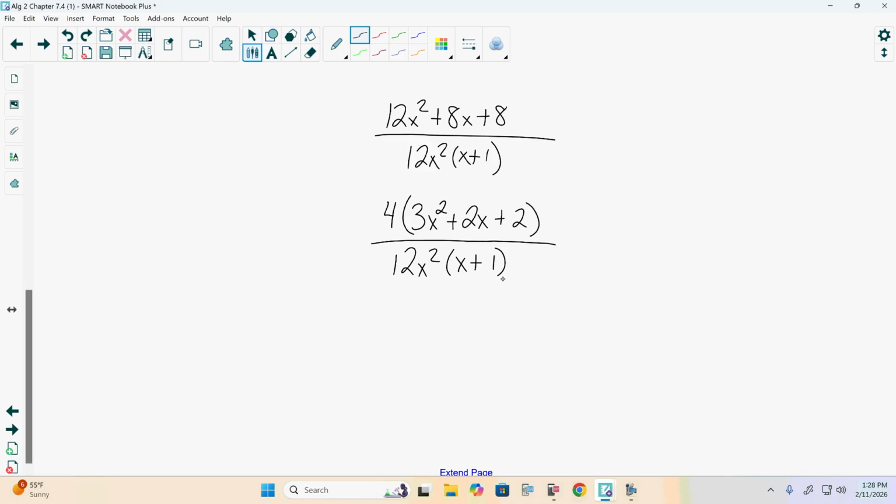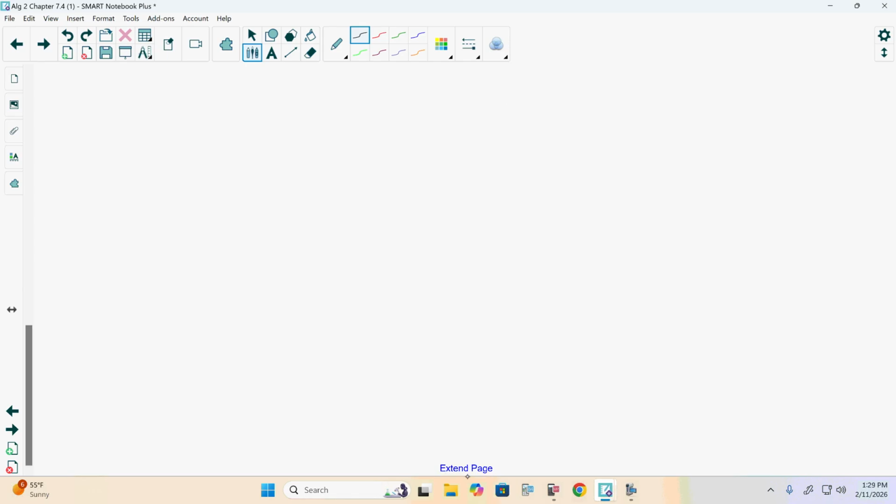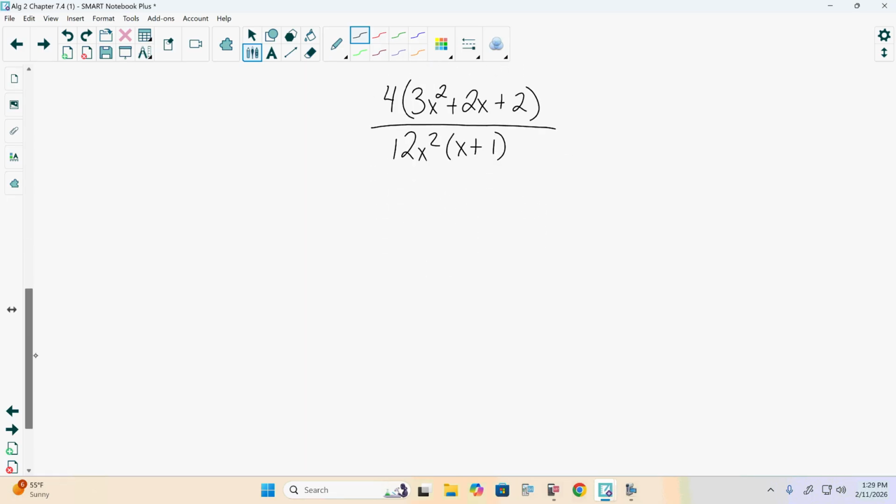Now we do have something in common on top and bottom, something we can reduce, yes? And the reason we can is that 4 out front is being multiplied with that entire expression, which means the 4 on top and the 12 on bottom can reduce. And when we do that, the 4 on top is going to reduce completely to 1. The 12 is going to become 3.